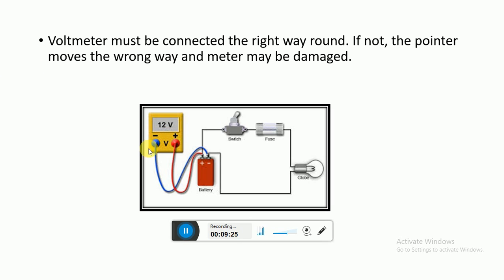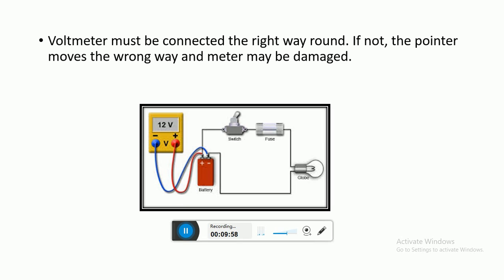Look, we have two different wires. One is the red one, another one is the blue one. You can replace the blue one with the black one, as I told you in the class as well. In this case, always connect the positive terminal of the battery or the positive end of the circuit to the red wire, and the black or the blue one is connected to the negative terminal.